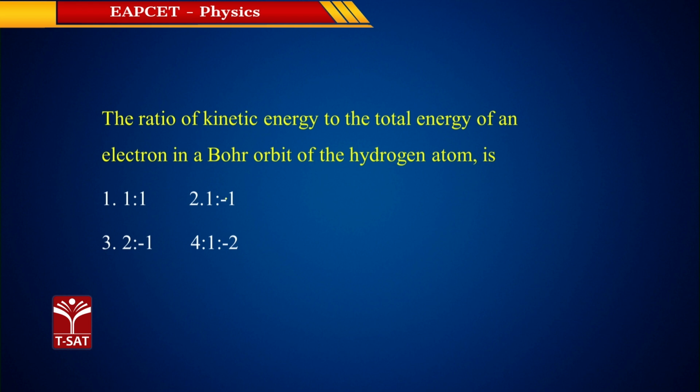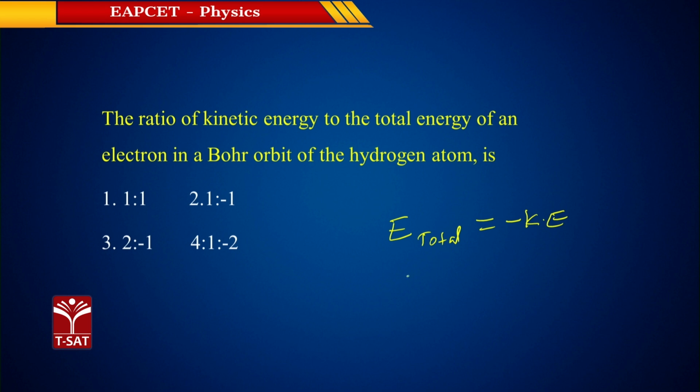Next: the ratio of kinetic energy to the total energy of an electron in a Bohr orbit of the hydrogen atom. You know this formula, children: total energy is equal to minus of kinetic energy.